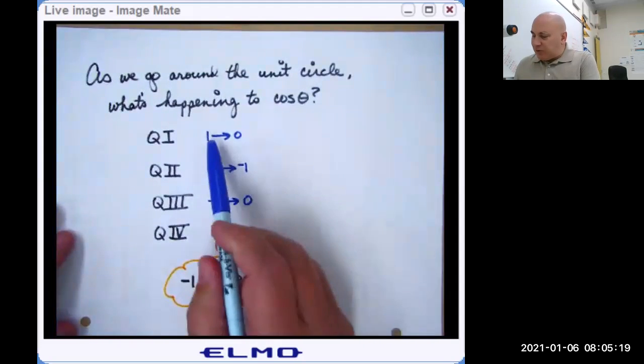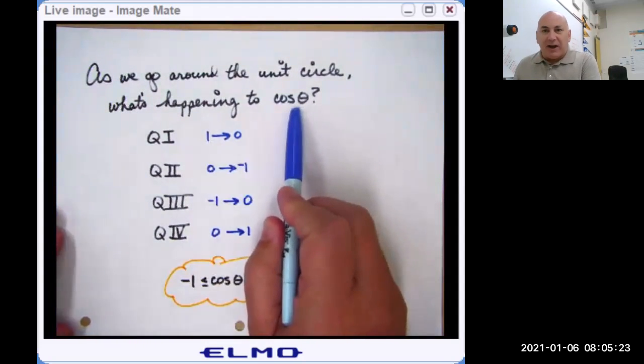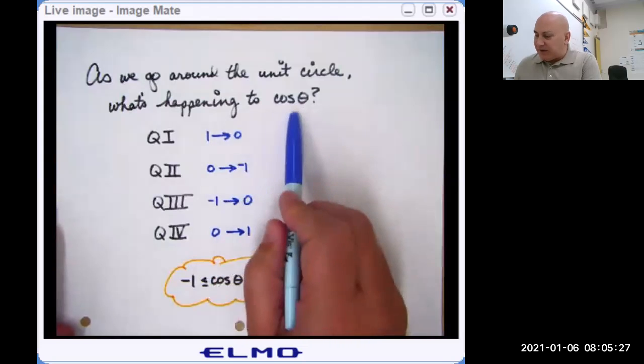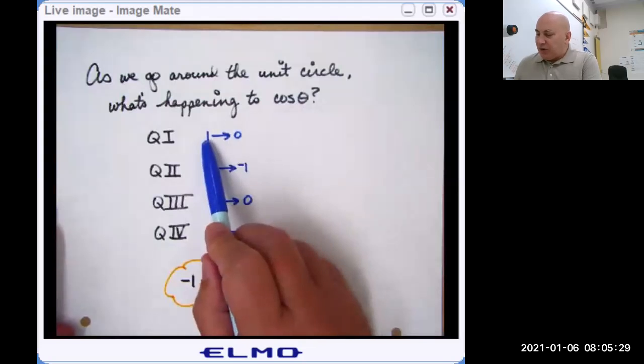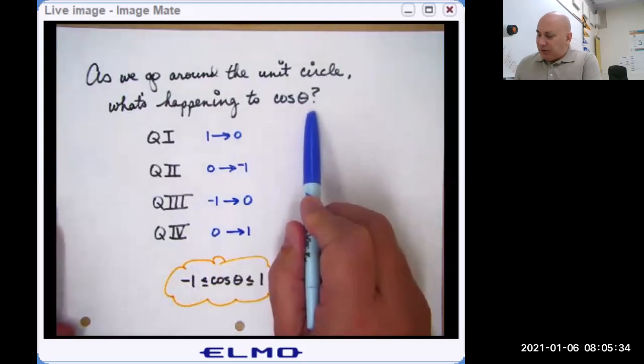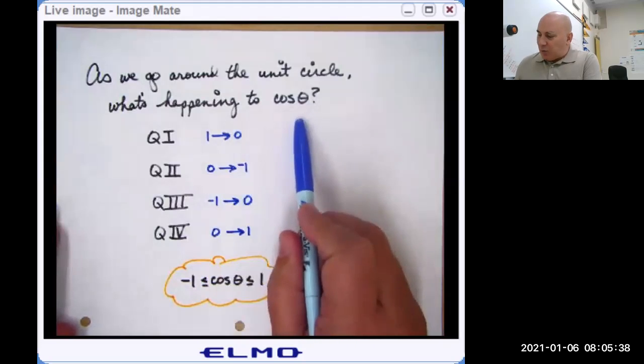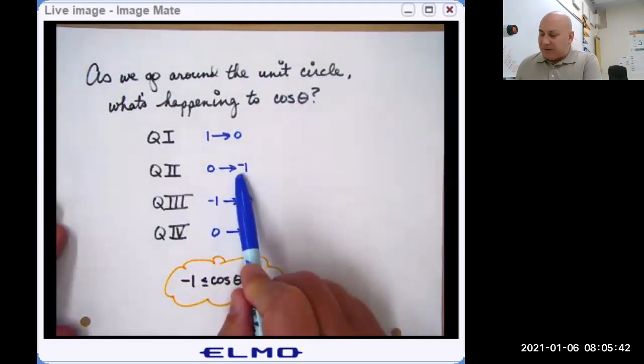Well, in the first quadrant, we started at x equals 1, and at 90 degrees, or pi over 2, we were at x equals 0, so cosine theta is 0. Then we went from 90 degrees, or pi over 2, to 180 degrees, or pi, our x coordinate, our cosine of theta, went from 0 to -1.